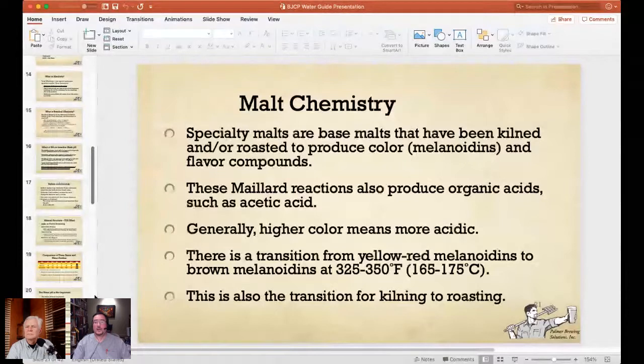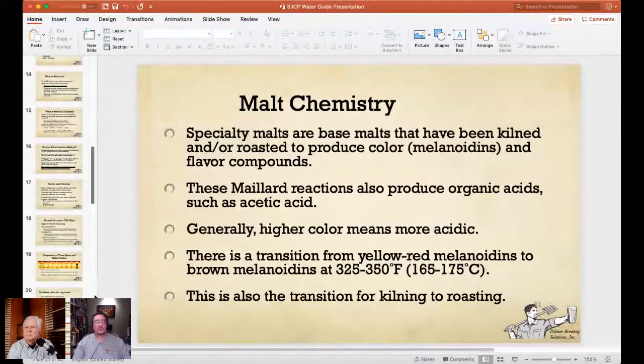These Maillard reactions also produce organic acids, such as acetic acid, and generally a higher color in the malt means that malt is more acidic, has more of these melanoidin compounds, more flavor compounds, and as a result, more acid compounds as well. So generally a higher color in a specialty malt means that it's more acidic.